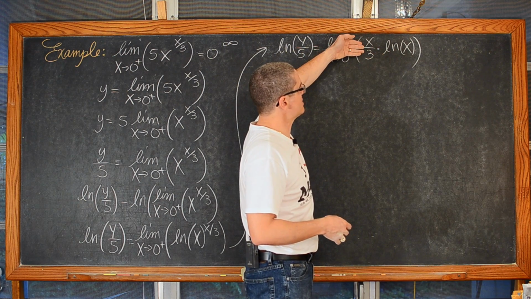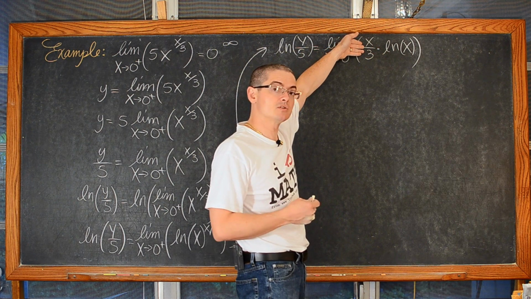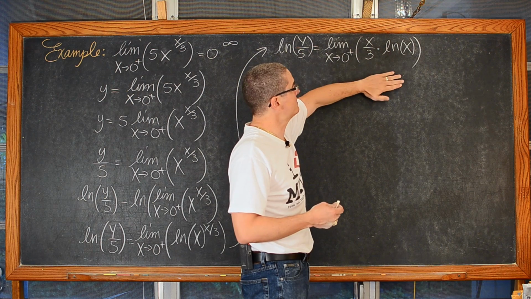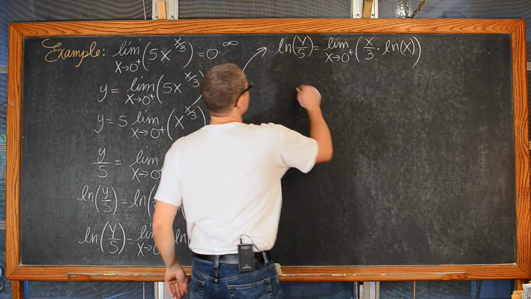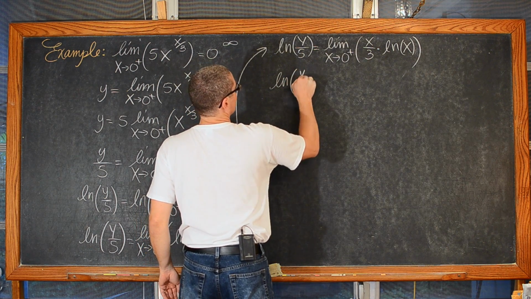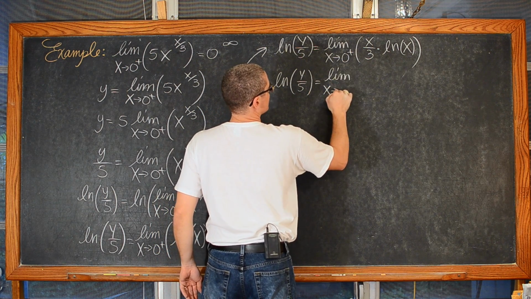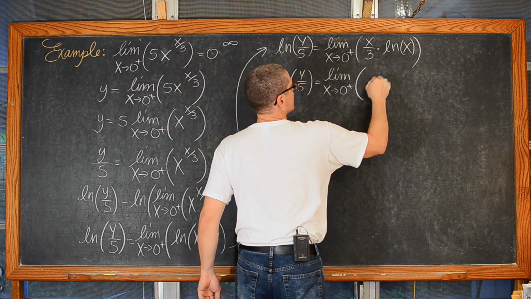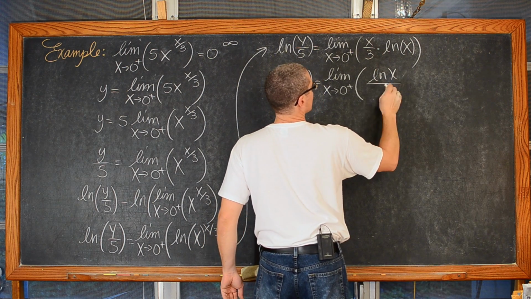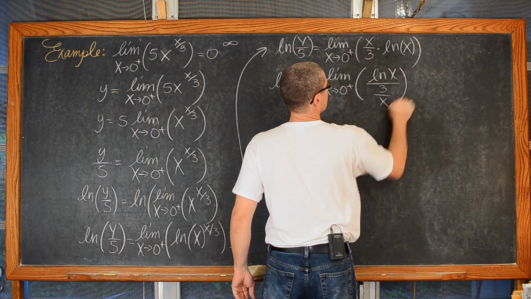So let's rewrite this multiplication by x over 3 as a division by its reciprocal, and write the natural log of y over 5 is equal to the limit as x approaches 0 from the right of the natural log of x over 3 over x.